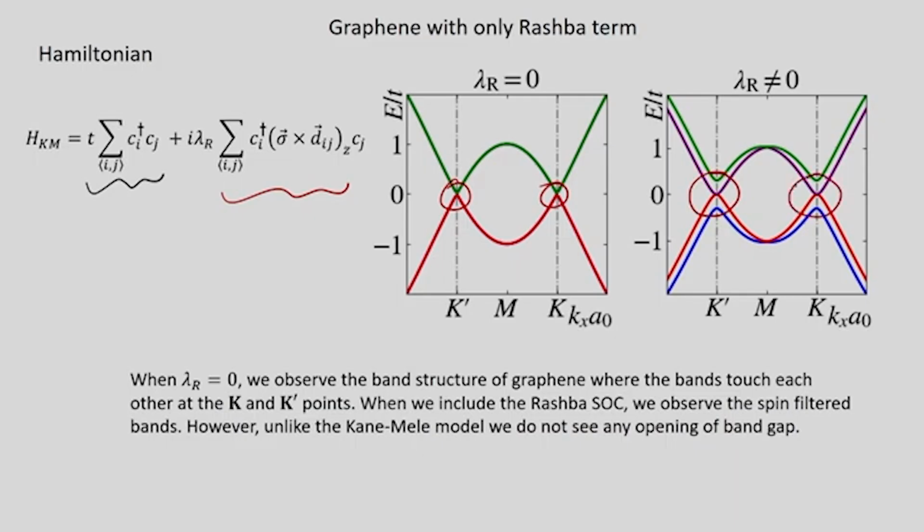Now you see the spin resolved bands. So it is a gapless scenario, there is no gap even with lambda R not equal to 0, and we have just done a Fourier transform of this, and then solved this model and plotted this dispersion.